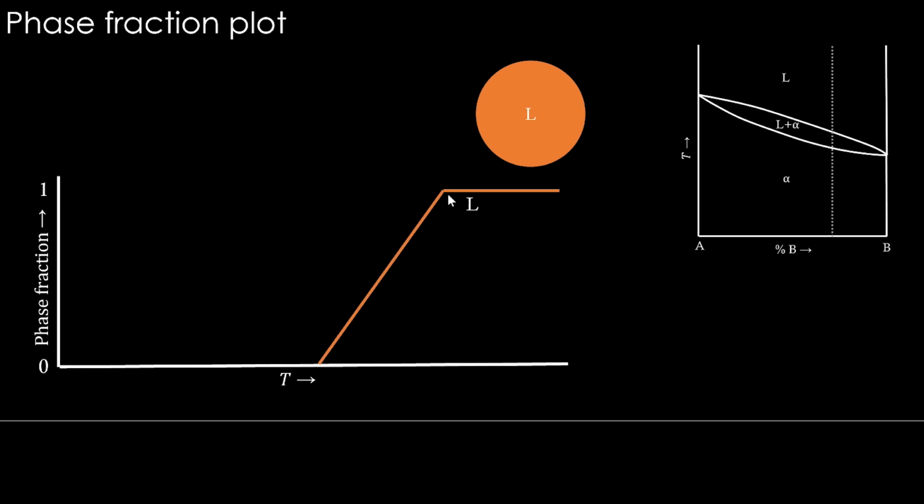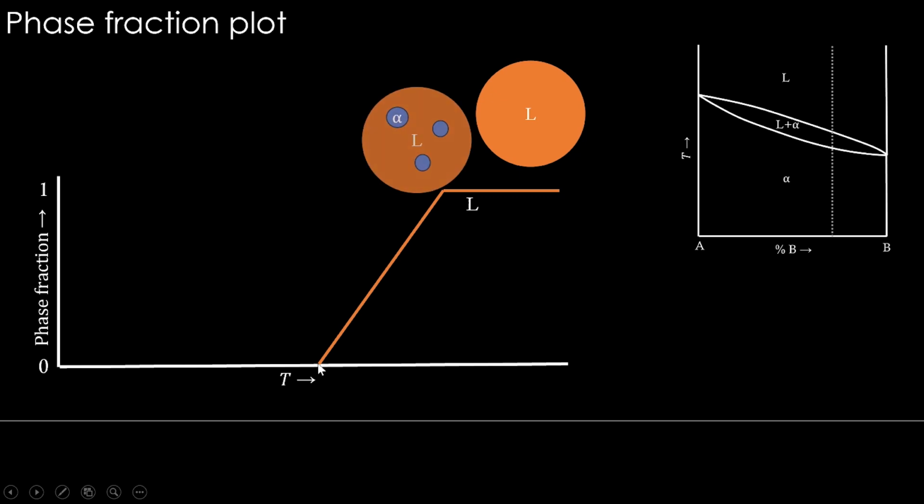So this is liquid. Once it reaches the liquidus point, its content starts to decrease. So the phase fraction of liquid decreases, and obviously this point is going to be the solidus point where the liquid completely vanishes. How will the microstructure look? The moment it touches or crosses the liquidus point, some solid will form. So you can see some solid appearing, and this is how the solid content is going to increase. Right at the liquidus point, its content starts to increase as the liquid starts to decrease, and as the liquid decreases further and further, the solid increases further and further.